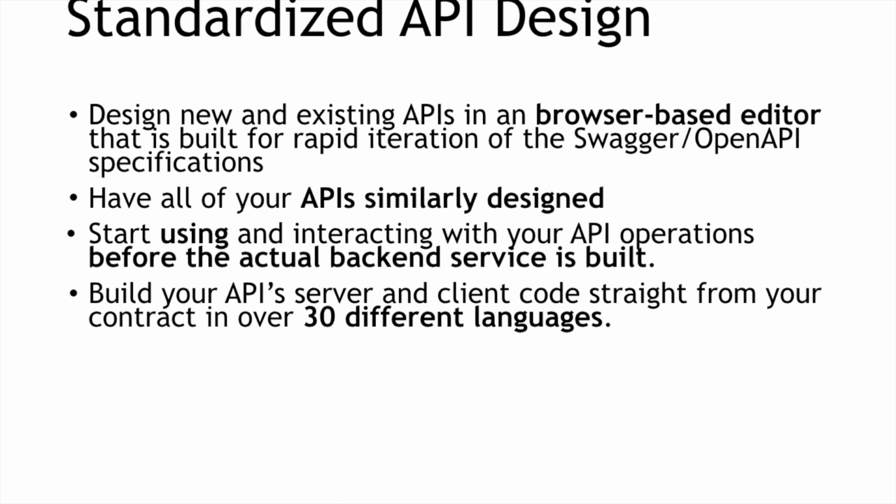It's really important to understand that the standardized API design process can be extremely helpful, because if you're working with a large group of people in defining, for example, a standards API, they can all collaborate with each other. The nice thing about Swagger is that it provides a browser-based editor that supports this particular design process.